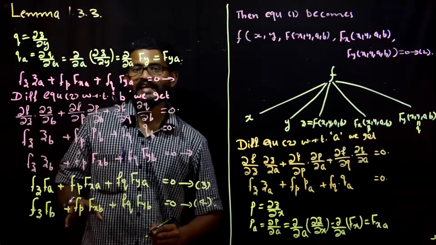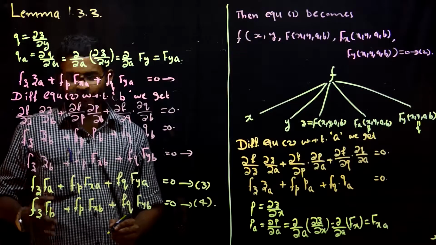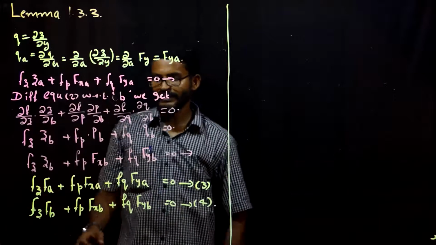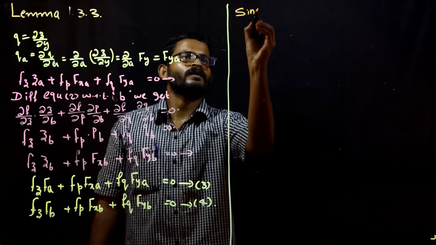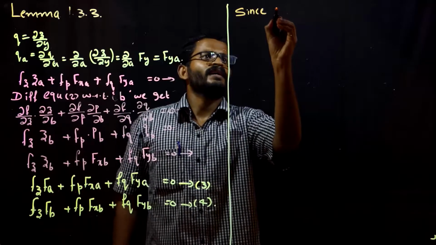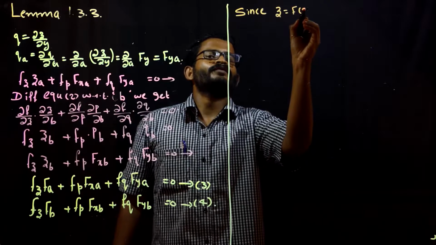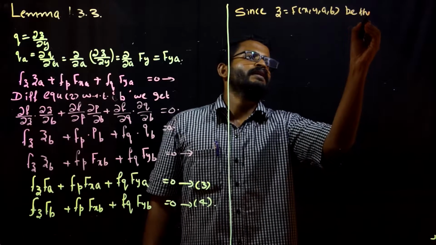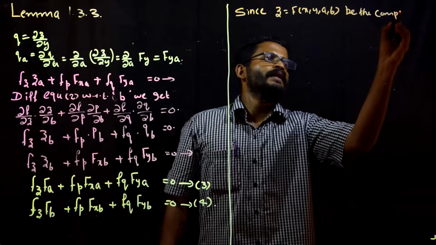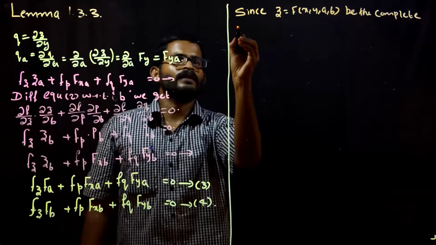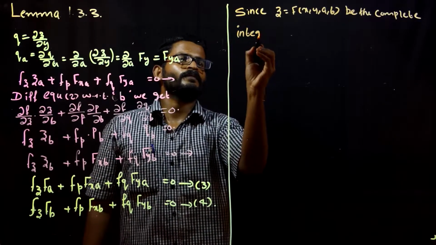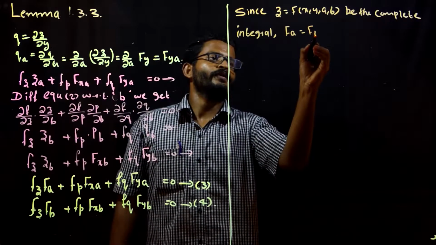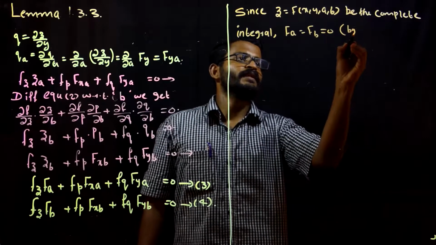Since Z is a complete integral, by definition of complete integral, F_a and F_b are 0. Since Z is equal to capital F of x, y, a, b is a complete integral, F_a equal to F_b equal to 0 by definition.